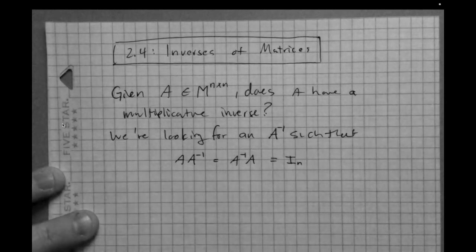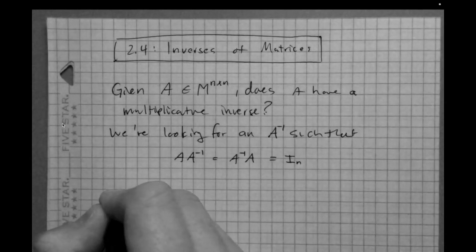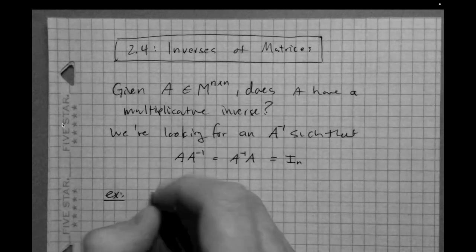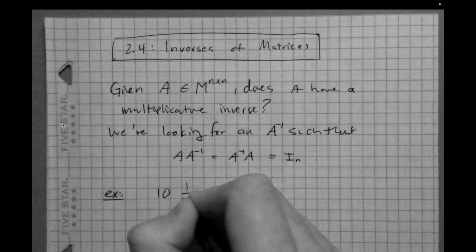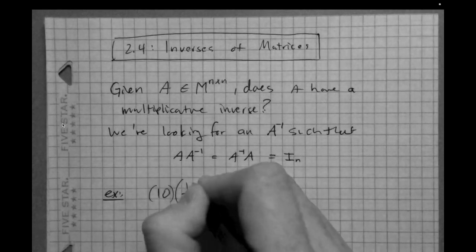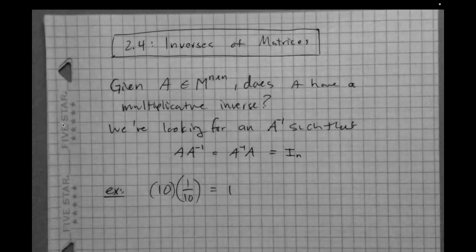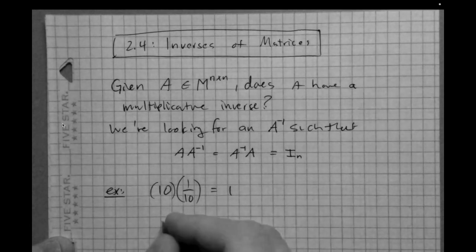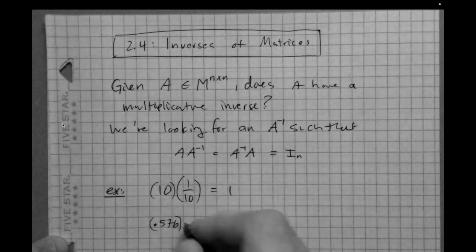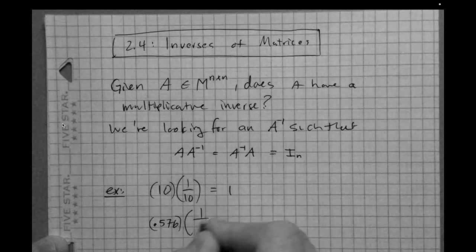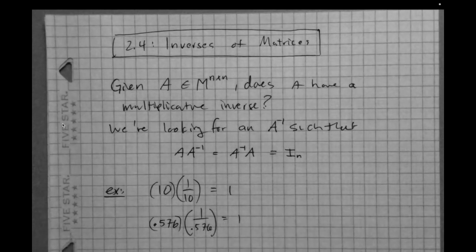So, for example, 10 has a multiplicative inverse of 1 over 10, and that's because the product there is equal to 1. Any real number will have some kind of a multiplicative inverse. If I have 0.576, the multiplicative inverse is 1 over 0.576. I multiply those together, I get 1.